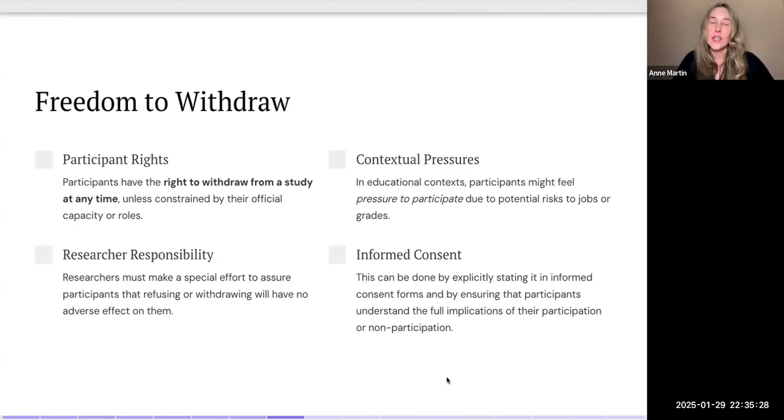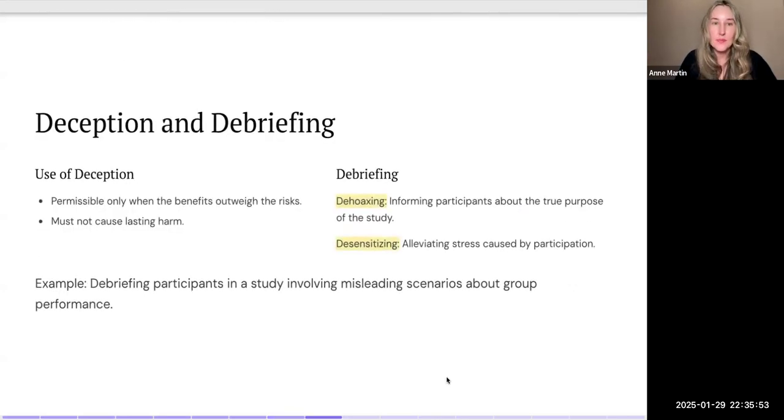In those instances, the researcher needs to demonstrate that they are taking measures to ensure that participants know there will be no ill effect on them if they decide not to participate. That is normally done in the informed consent, and the researcher would have to demonstrate what they are going to do to make sure that there are no potential risks and that the participant knows that.